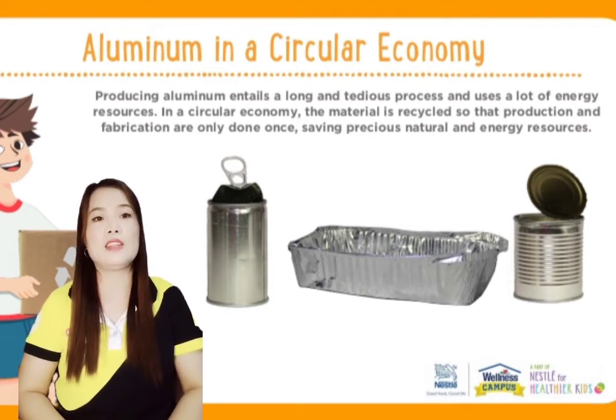Sometimes, in a linear economy, aluminum is used and then thrown into a landfill. But in a circular economy, the material is recycled. The production and fabrication are only done once, saving precious natural and energy resources.